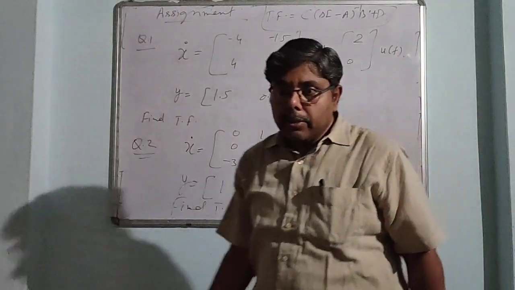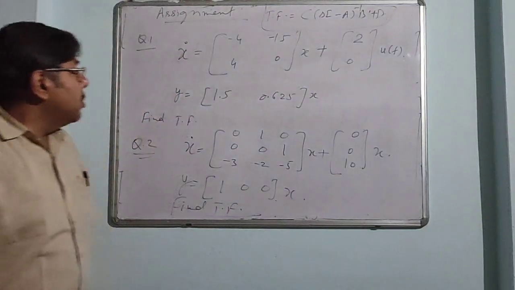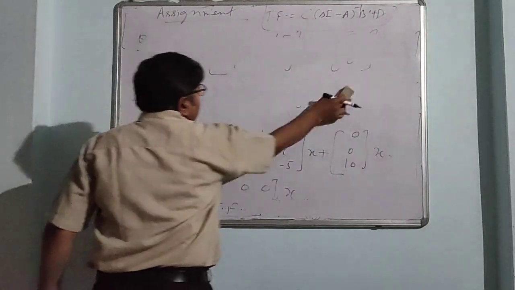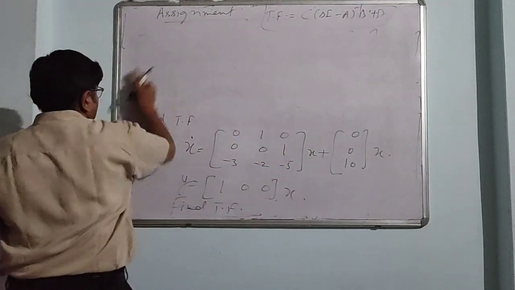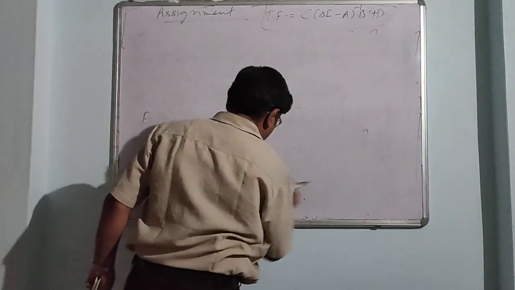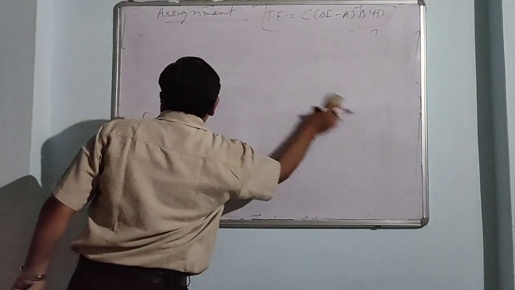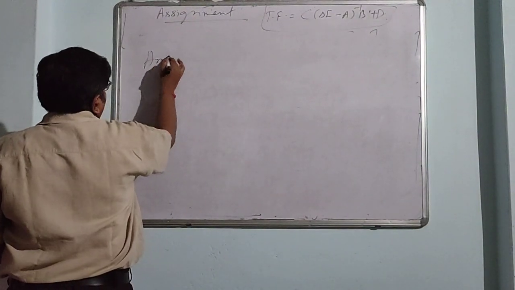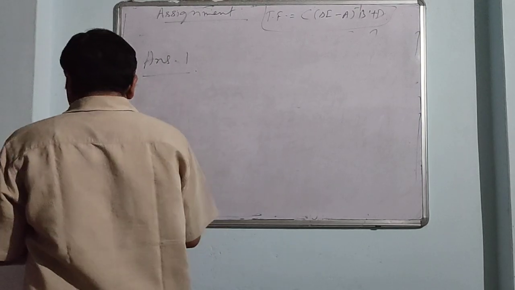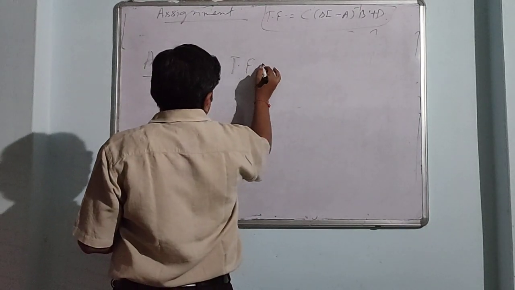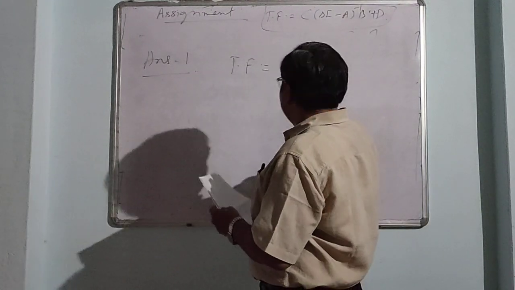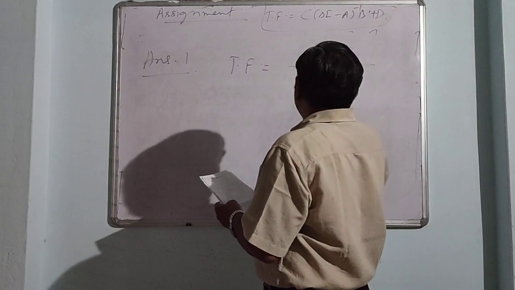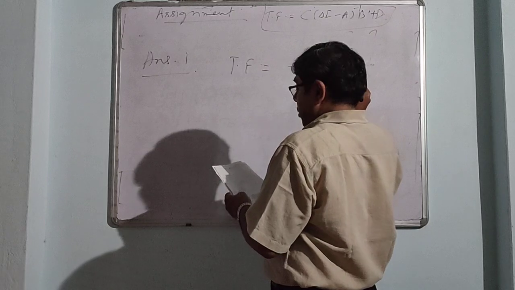You can also note the answers of these two problems. For the first problem, the answer is the transfer function: after using this expression, you will get 3s plus 5 divided by s square plus 4s plus 6.